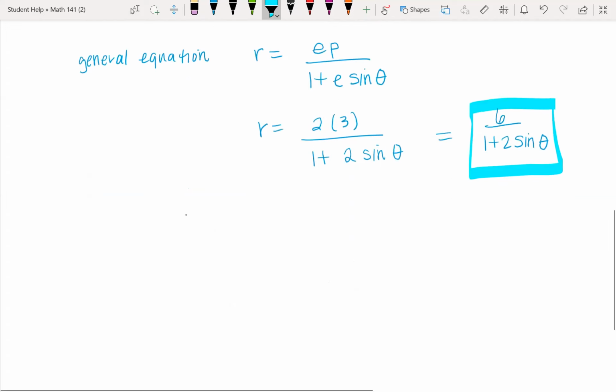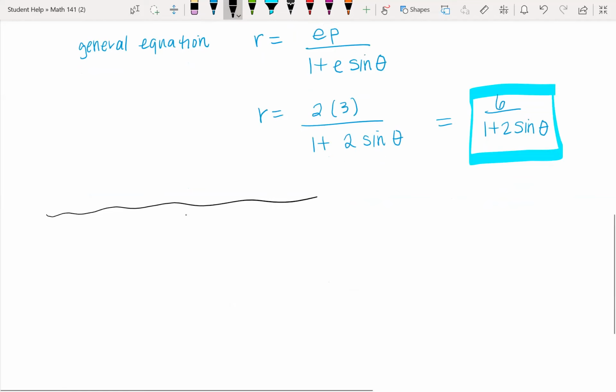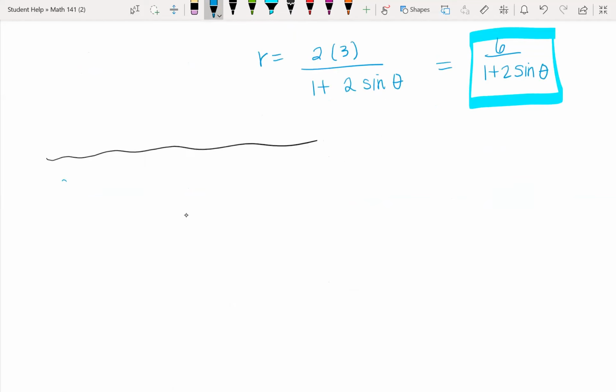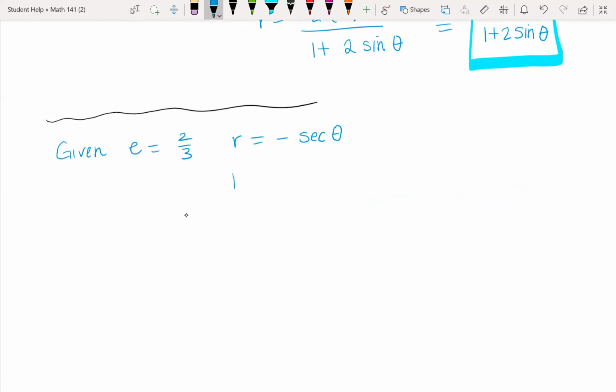All right, second example. We're given that the eccentricity is 2/3, and the directrix is the line r equals negative secant theta. Changing that into sine cosine, we'll have r is equal to -1 over cosine theta. Multiply both sides by cosine theta, so r cosine theta is equal to -1, or x is equal to -1.